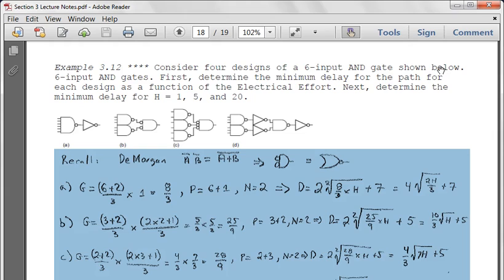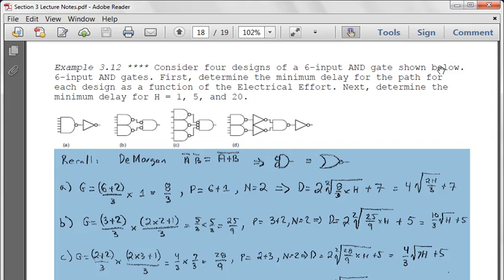The first thing I want you to remember is De Morgan's law. So not A and not B becomes A nor B. So instead of having an inverter here, an OR gate, and another inverter, just reduce this down to an OR gate. So that's the first stage.